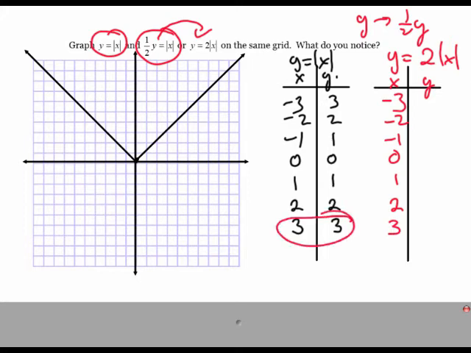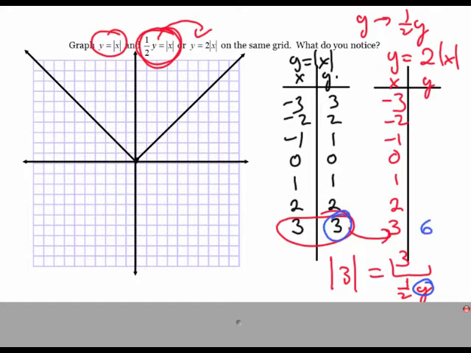Let's start with this point this time. 3 goes into the absolute value and out comes 3. But since I'm calling my output right here a half y, the actual value of y has to be twice the size it was before to compensate for the multiplying by a half. 6 over 2, or 6 times a half, is my output of 3.